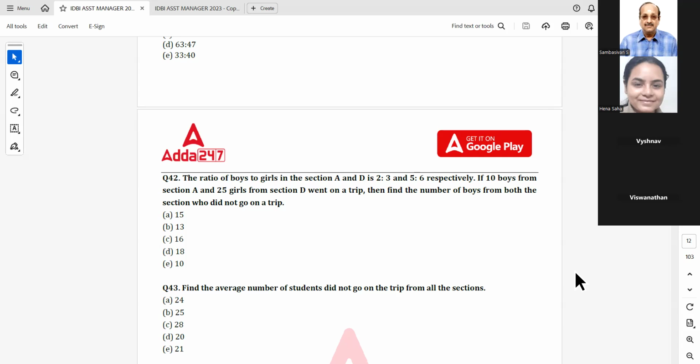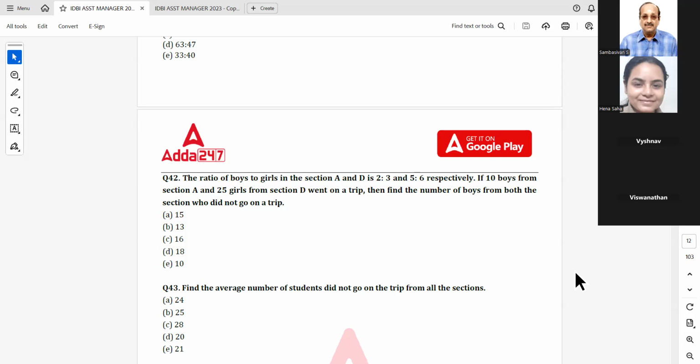If 10 boys from A went on a trip, they are asking find the number of boys from both the sections who did not go. How many did not go from A? 10 people did not go.